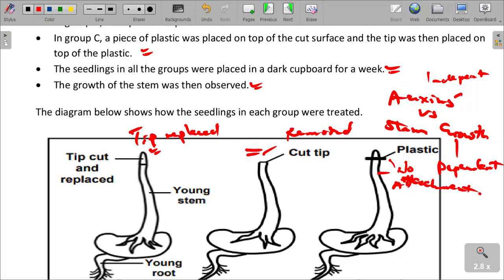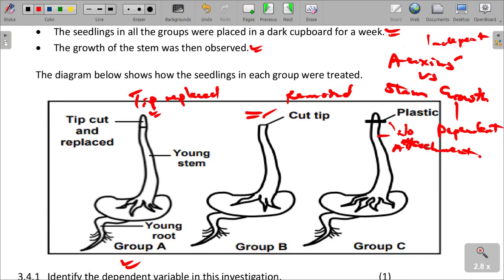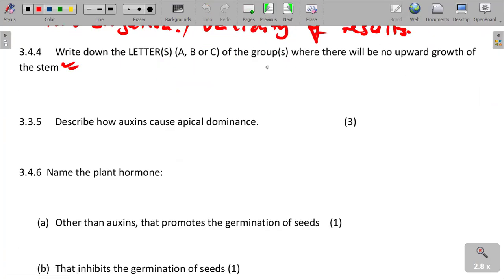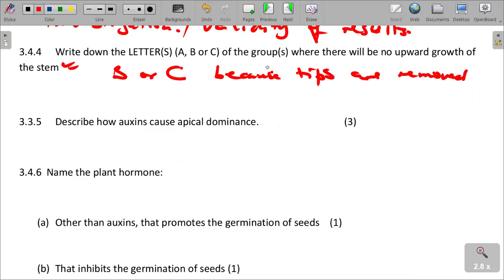So therefore, we are saying B and C cannot be able to have growth because the tips are removed. But anyway, here is not asked to say why, but we are just giving the reasons here.